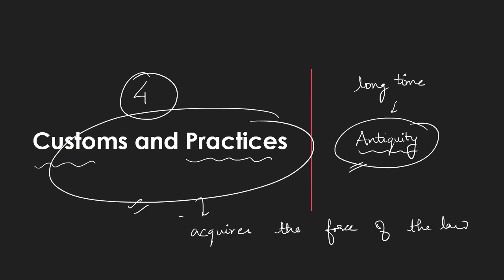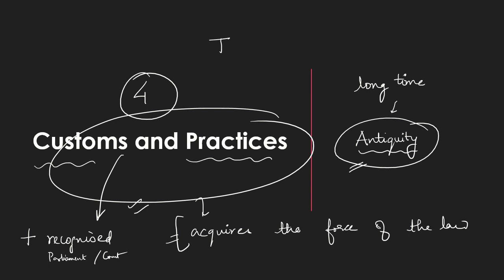the law. Okay? Which means if you do something for a very long time, and if the law of the land recognizes it. So if there's a custom, plus, let us say the parliament or the court recognizes it. If it is recognized by the parliament or by the court, then even customs and practices become law. All right, so do not rubbish a custom just because it's a custom.